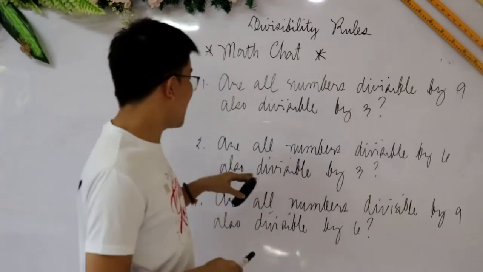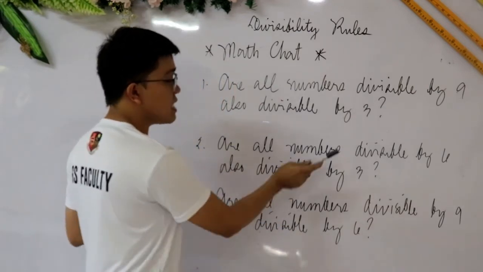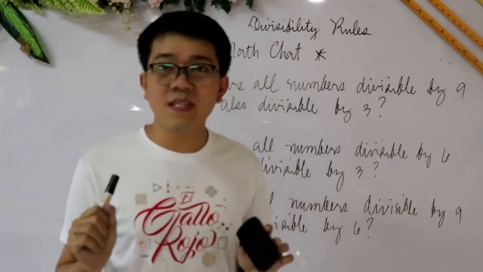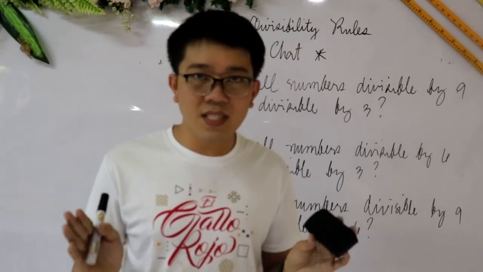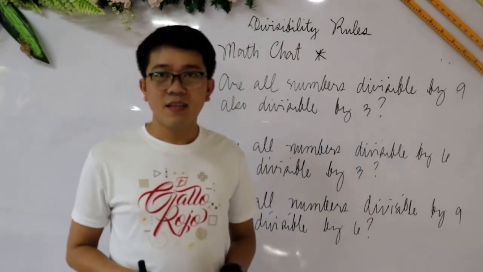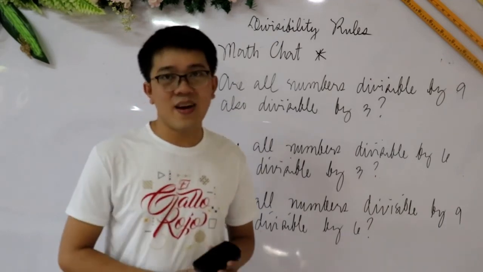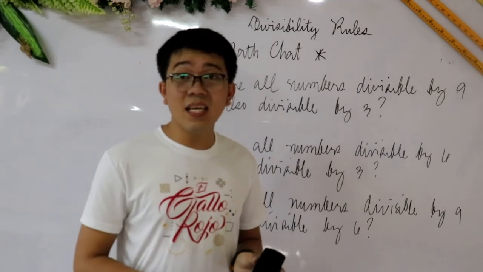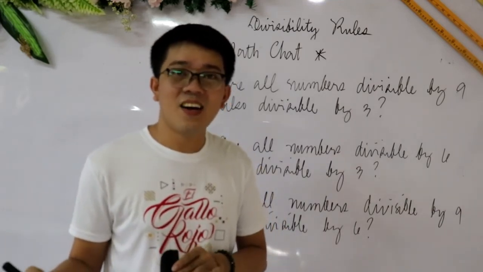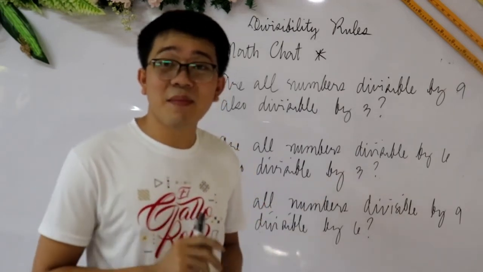Next question. Are all numbers divisible by 6 also divisible by 3? What do you think is the answer? Is it yes or no? Yes, it is correct. Remember, 3 is also a factor of 6, because 6 is equal to 2 times 3.